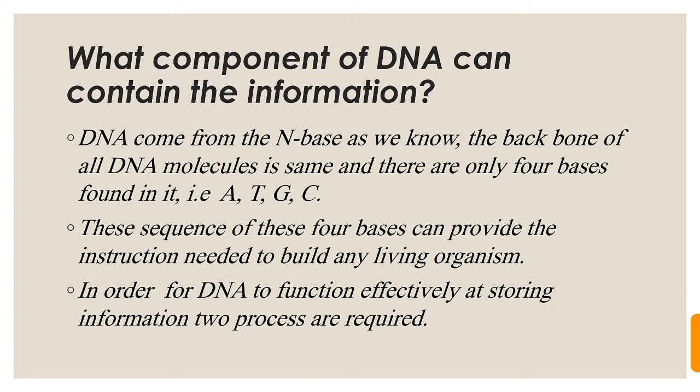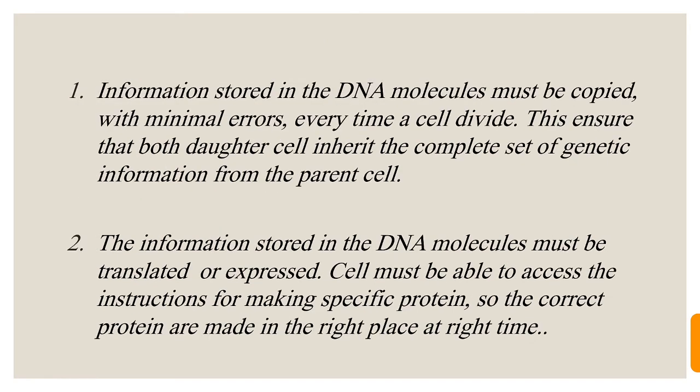In order for DNA to function effectively at storing information, only 2 processes are required. Information stored in DNA molecules must be copied with minimal errors. Every time a cell divides, it must ensure that both daughter cells inherit the complete set of genetic information from the parents, which means the information stored in DNA molecules must be copied from the parent to their offspring with minimal error, that is, no errors.